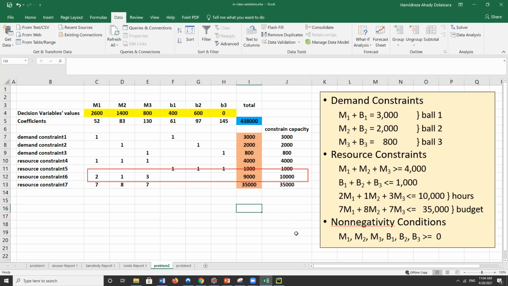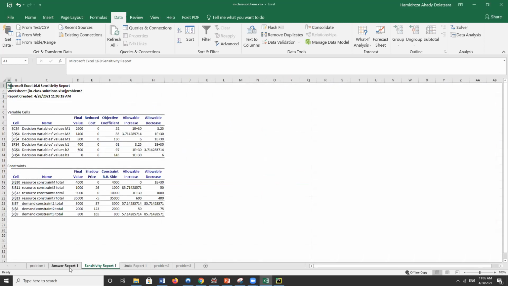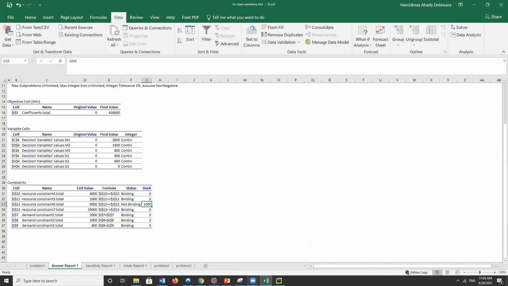So can anyone tell me the shadow price of resource constraint number 6? We know that it's not binding. If you remember, when there is a distance from your constraint, that constraint is not binding. So the slack should be 1,000 here. Let's see, yeah. When there is a slack, it just means that constraint is not binding, and a slack of 0 means they are binding, as you see.